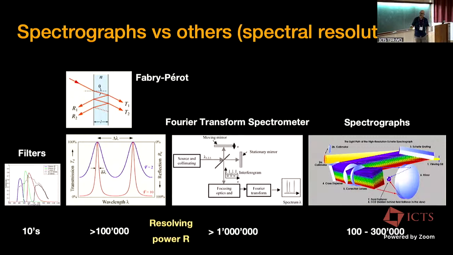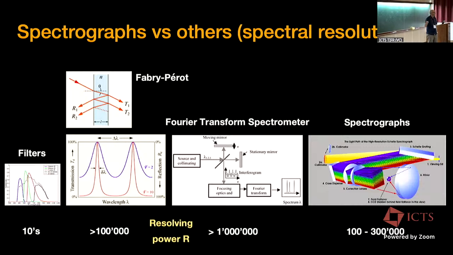Here, that's good. It can go to several 100,000 resolving power. Even better here, Fourier transform. With the spectrograph, you will see why, but I can go to several hundreds to several 100,000. But this will cost me size and money to go there. It's not so easily achievable without investing a lot in instruments.